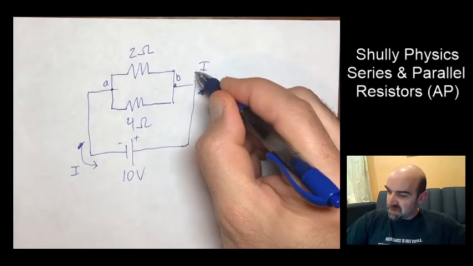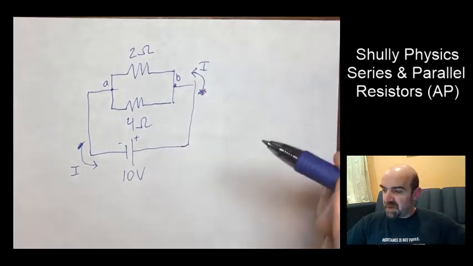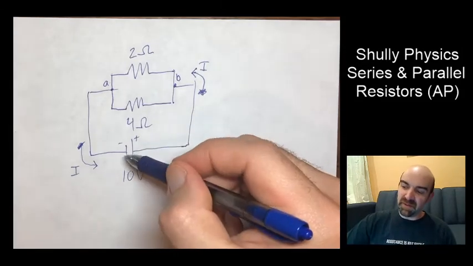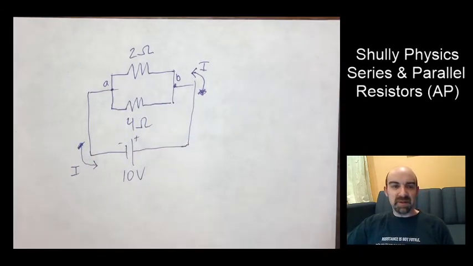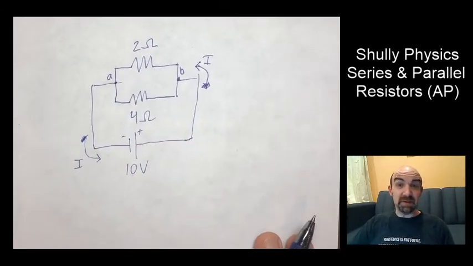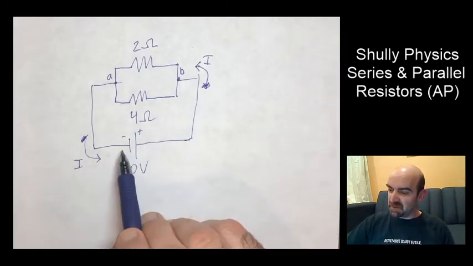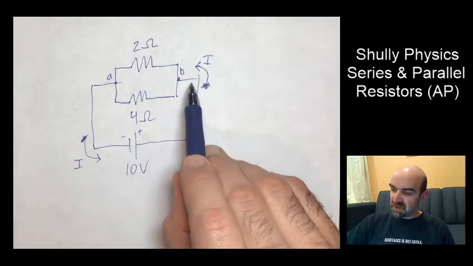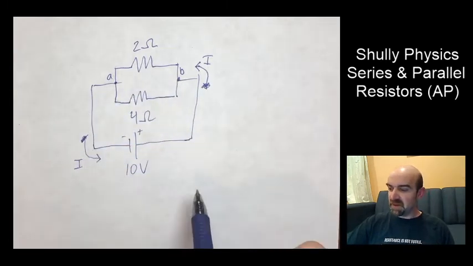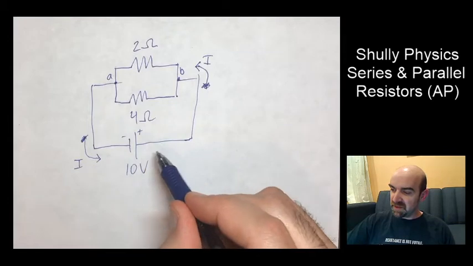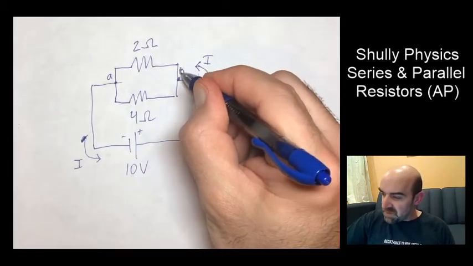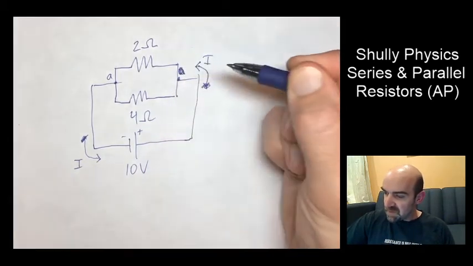Current flows from the positive side to the negative. The electrons flow from the negative to the positive. That's for a different lesson, to talk about those holes moving, those positive holes. The current is flowing this way. So current will go from the highest potential toward the lowest potential, so the high side of the battery to the low side. So I will change this from A to B.